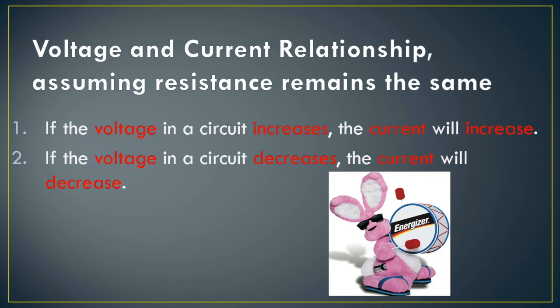So if we're taking energy out of that circuit, the current will move slower. So if we think about this really simply, we could argue that because there's less voltage, there's less electrons, and because there's less electrons, there's less movement in the circuit. This is a direct relationship, which just means that if resistance remains the same, increasing voltage will increase current, and decreasing voltage will decrease current.